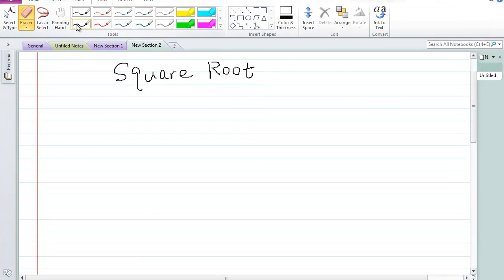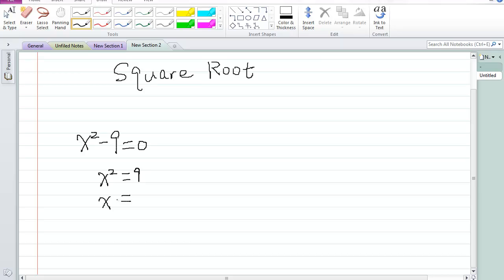So first, let's see the square root. When we have x squared minus 9 equals 0, that means we have x squared equals 9. So, what number squared is 9? That's not a tricky question, but it could be tricky.